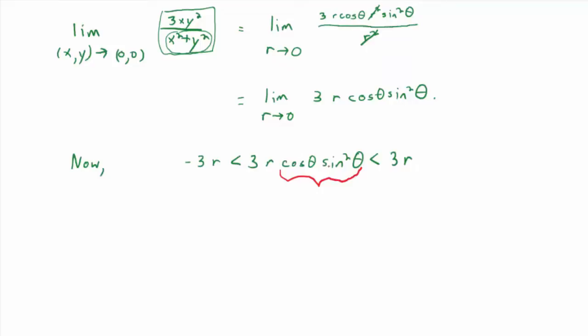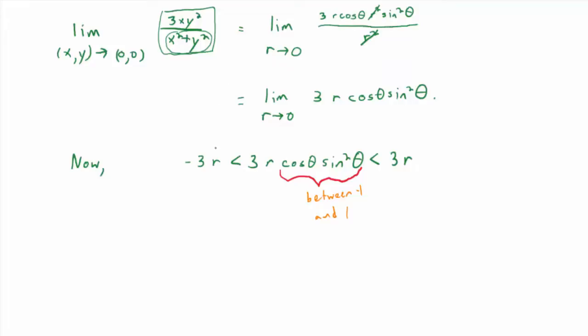You know that sine of theta is always between negative 1 and 1, so sine squared is between negative 1 and 1. So you take the product of two proper fractions, you get an even smaller number, don't you? Which means the whole thing is between negative 3r and 3r, right? Okay, so you believe that now? What does the squeeze theorem say?